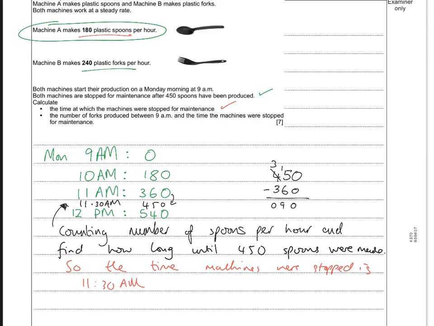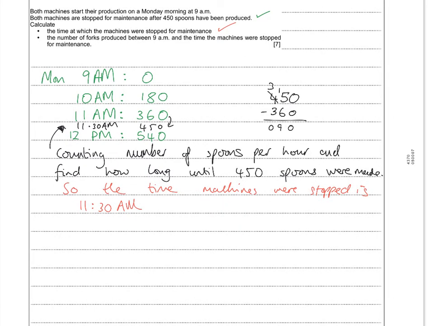So I know that I'm making 240 in an hour. Again, I'm going to do the same thing. At 9 a.m., 0 forks were made. At 10 a.m., 240 forks have been made. At 11 a.m.